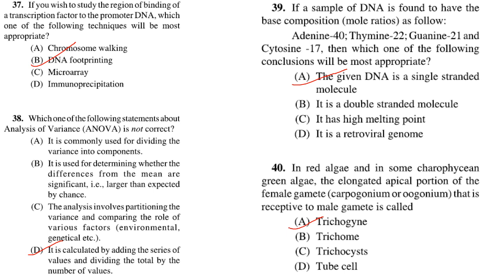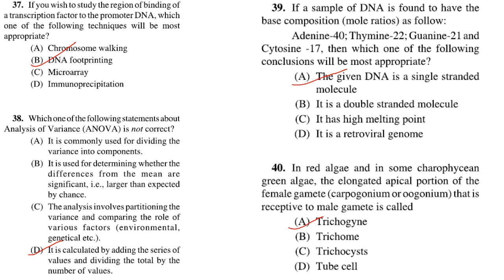Chromosome walking is used to clone a gene from its known closest markers. Microarray is to detect expression of thousands of genes at the same time. Immunoprecipitation is a method to isolate specific antigen from a mixture of antigen using antigen-antibody complexing reaction. So the answer here is option B, that is DNA footprinting.